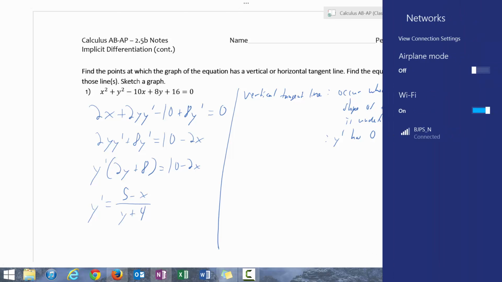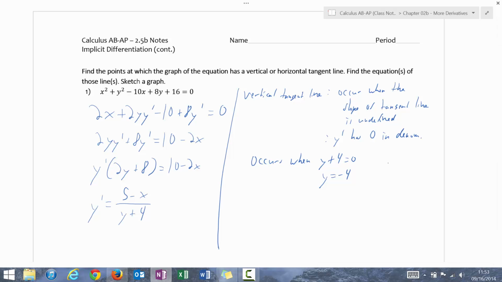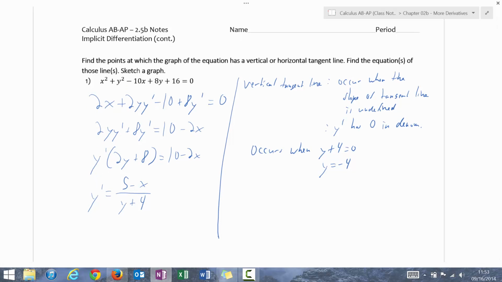So for the vertical tangent line, that occurs when y plus 4 equals 0, or when y is equal to negative 4. Well, y equals negative 4 is not a vertical line, that's a horizontal line, so that's not going to help right now. We need to work our way backwards to figure out what that means. So I'm going to plug negative 4 back in to the original equation.